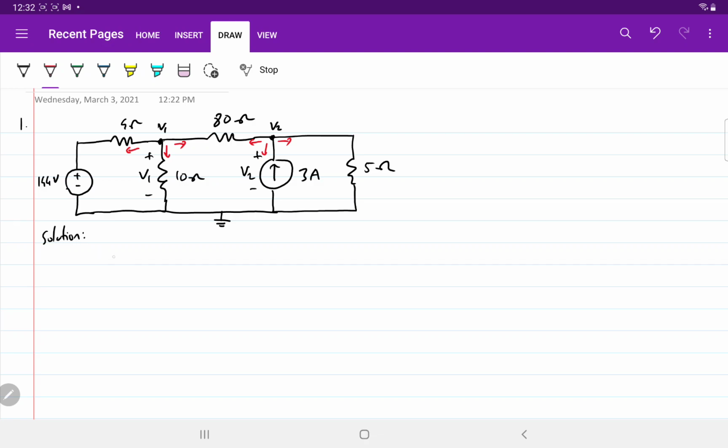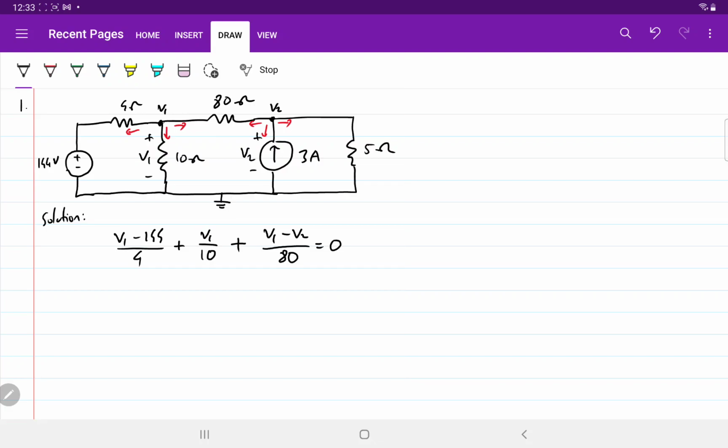So this current here is (V1 - 144) over 4 ohms, plus the next current here, (V1 - 0), so you just have V1 over the resistance there, 10 ohms, plus the current flowing through the 80 ohm resistor, which is (V1 - V2) over the resistance, and the sum of these currents is 0, right? The sum is 0.